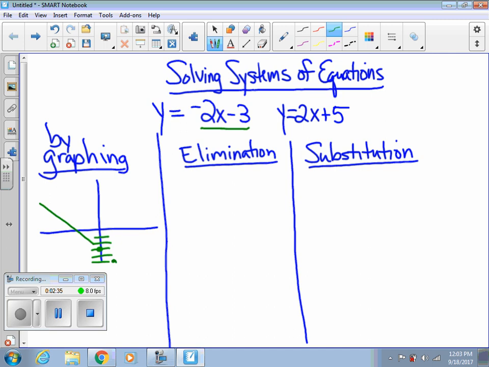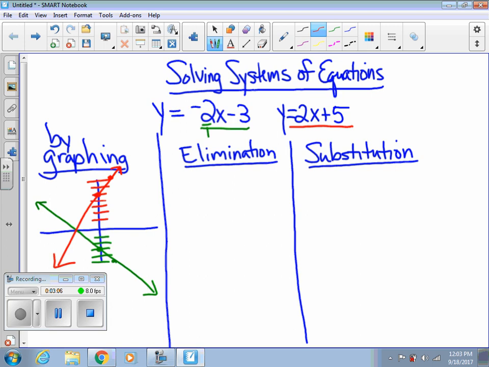And there would be our line, which we've already learned how to do, because the slope is rise over run. We'll go down 2 and over 1. For this equation, we're going to start at positive 5, and we're going to go up 2 and over 1.